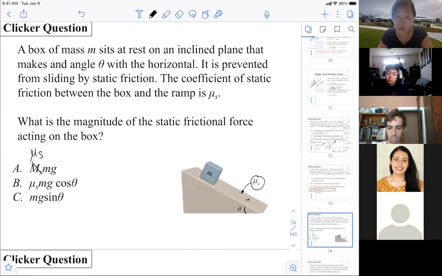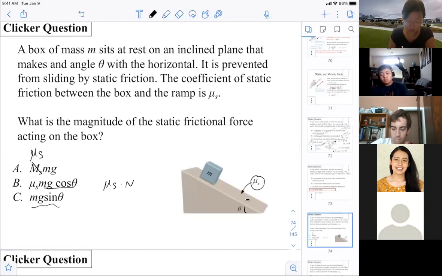So B seems to be using that formula we are familiar with, that is using mu sub k times normal force. And C is the component of gravity that is in the x direction. So how come a lot of you guys choose C but not B? Didn't we just use this formula in the previous case?